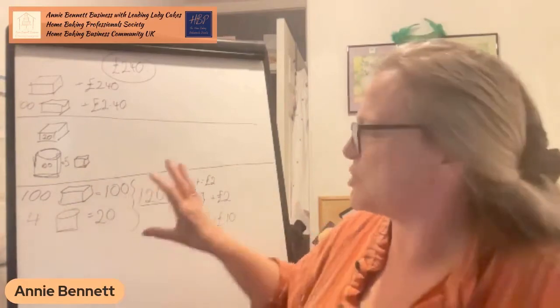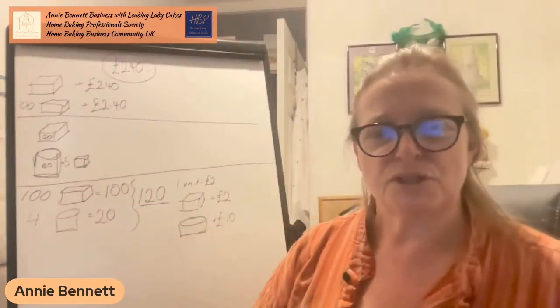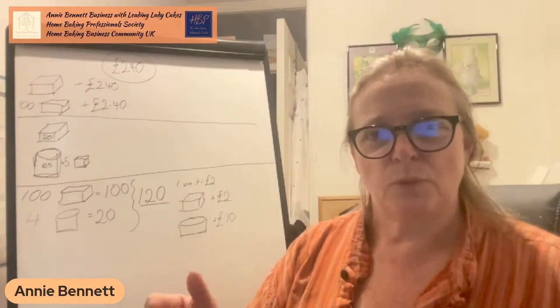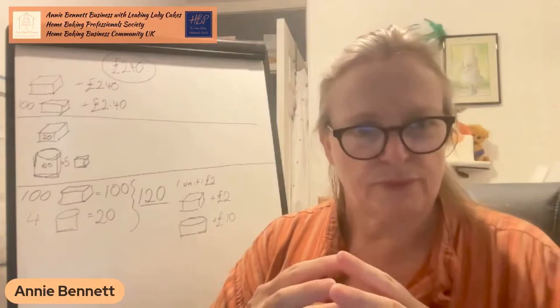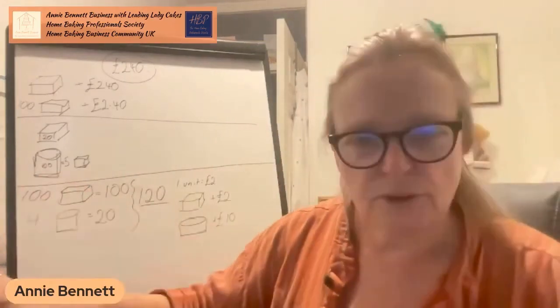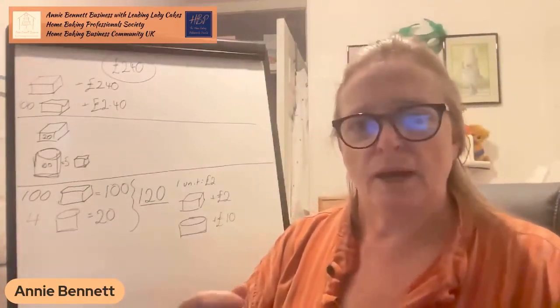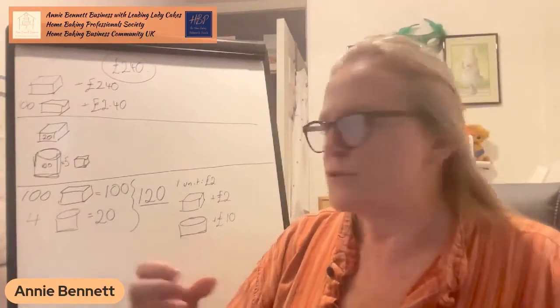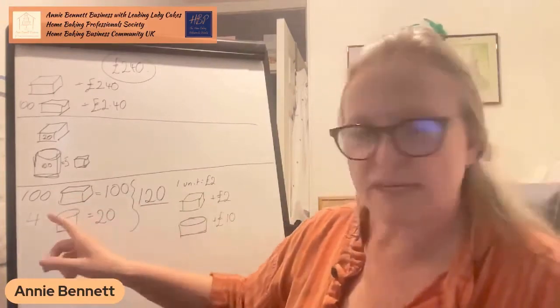Okay, but don't get too hung up on this bit. Just think about your main seller. What's the thing you sell most of? Okay. So I use treat boxes because I know a lot of you do those, and delivery boxes and those kind of things. And those are generally slightly smaller priced than birthday cakes.